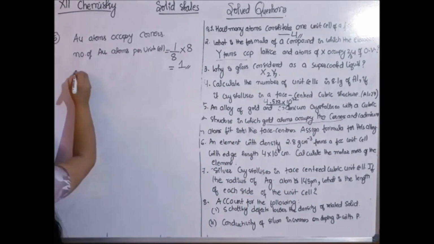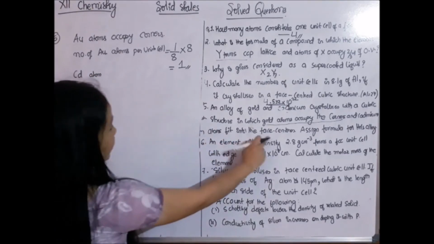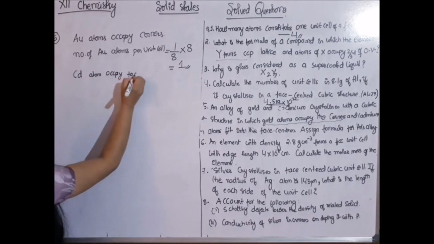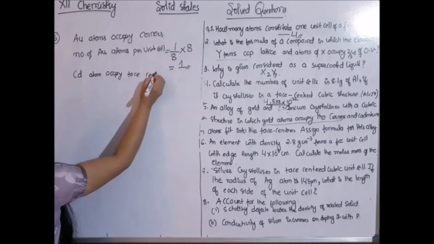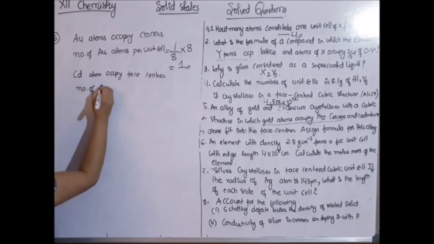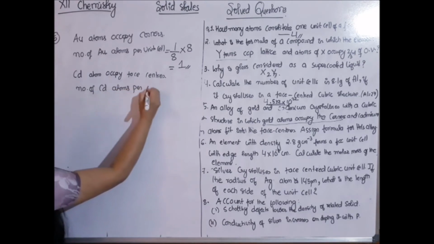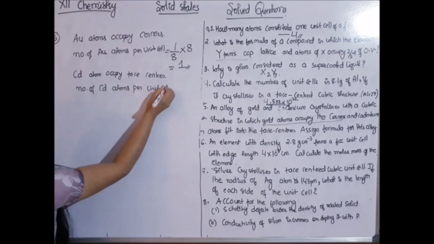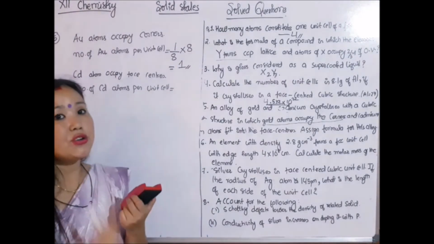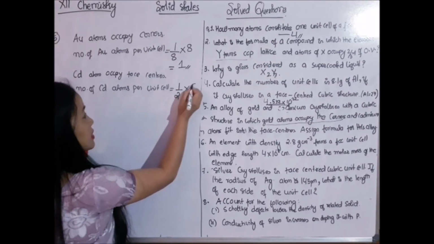So के भन्दैछ? Cadmium atom fits where in face center. So occupy face centers all. भयो भन्नुको मतलब number of cadmium atoms, okay, per unit cell कति हुन्छ? मैले भने face center मा छ भने it will contribute half. भयो र कतिवटा face centered हुन्छ? 6.